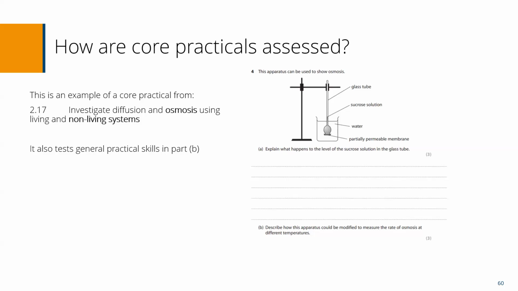So now I've got to apply my knowledge to this practical situation. How could I do that? Could I set it up with beakers where the water's at different temperatures? How many would I need? Would I need 5? 10? 3? Would I need to repeat it to check that my results were valid? So implications come up there in part B of that question.